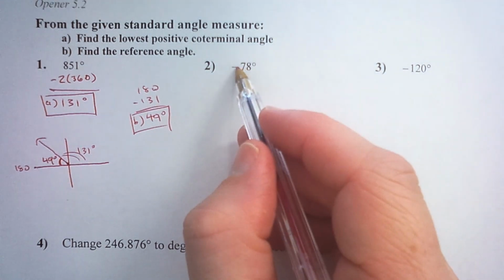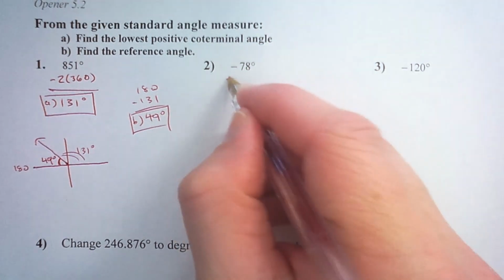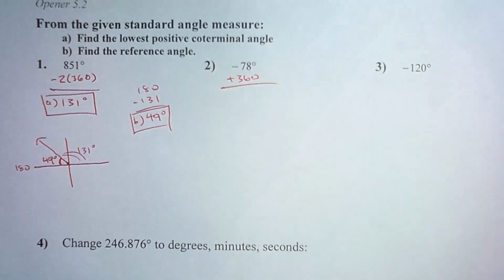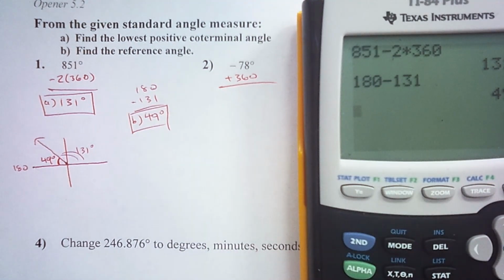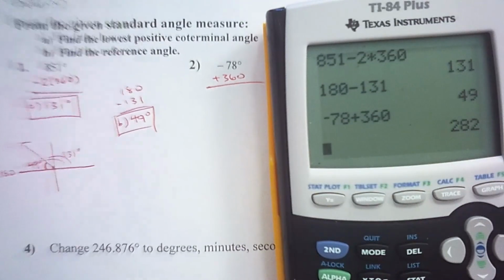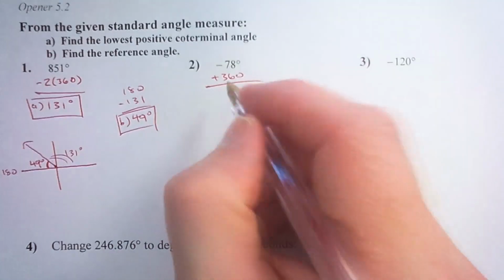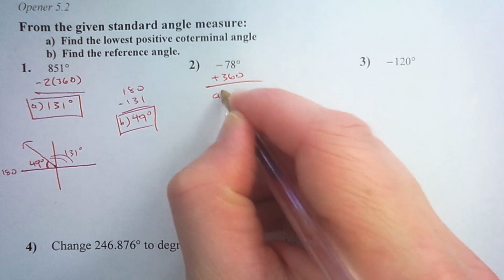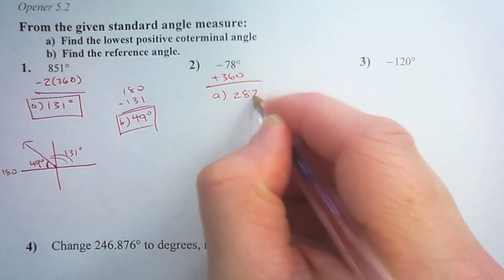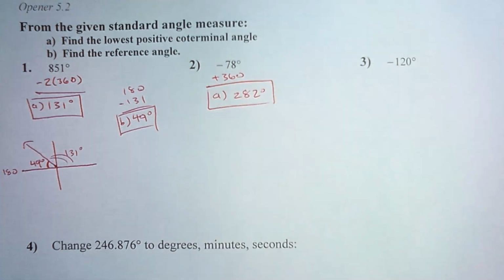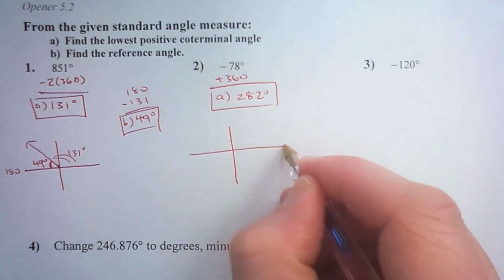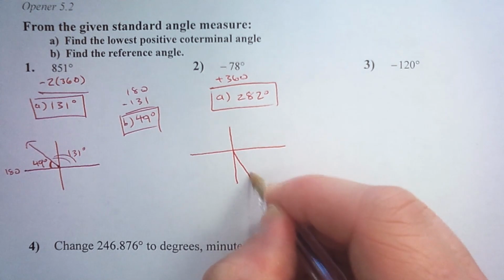Now this one is negative, so I actually have to add 360 in order to get somewhere between 0 and 360. Negative 78 plus 360 is 282. So the lowest positive coterminal angle, part A, is 282 degrees. A 282 degree angle would be something like this.